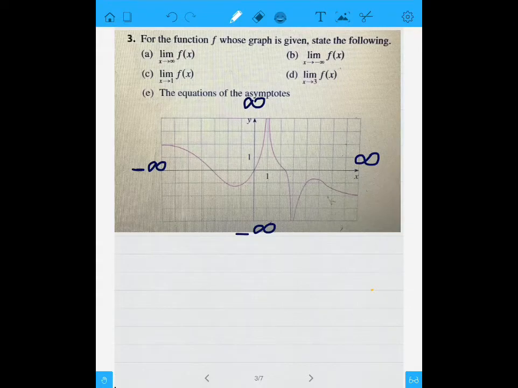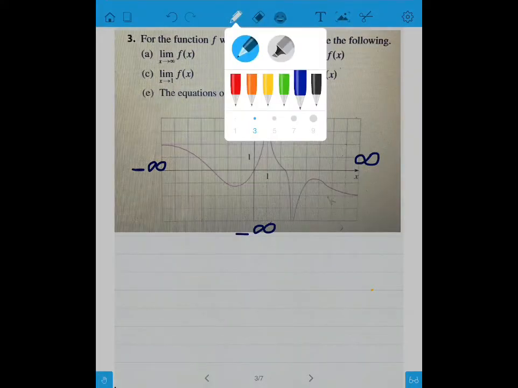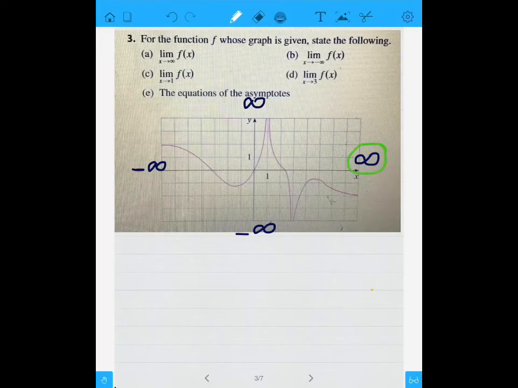We go to x, infinity here, the positive side. See the graph? Which number here? Part A, negative 2. This is the horizontal asymptote.